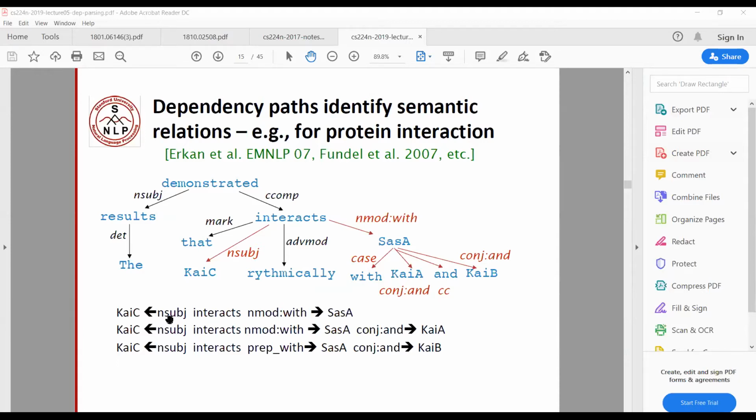N subject, I guess, means noun subject, and N mod means a noun modifier. I have to say this is not that clear, but you can sort of see what he's doing.